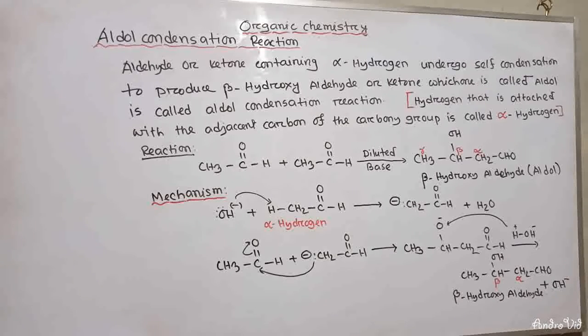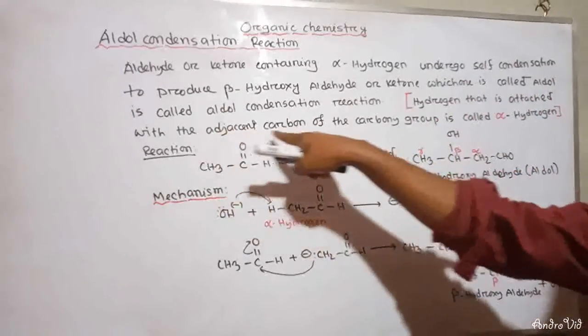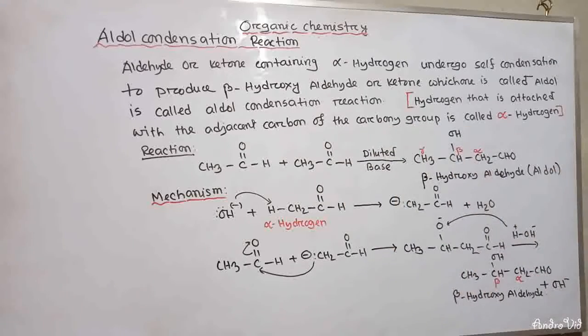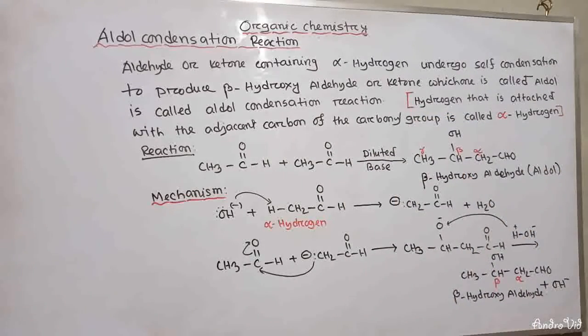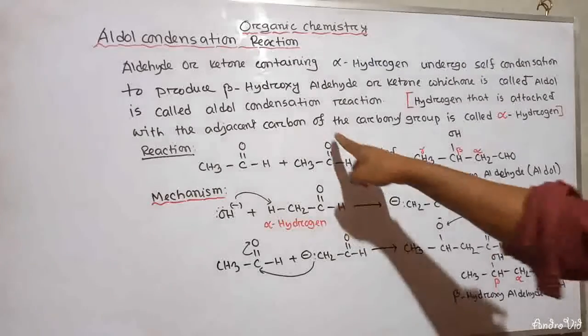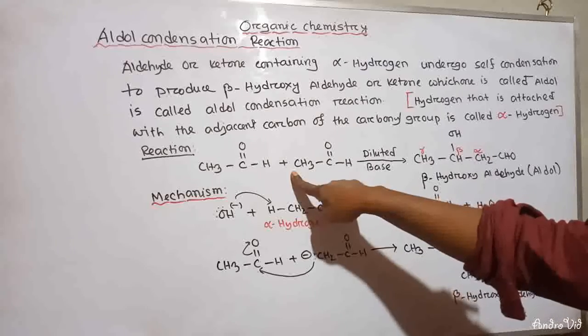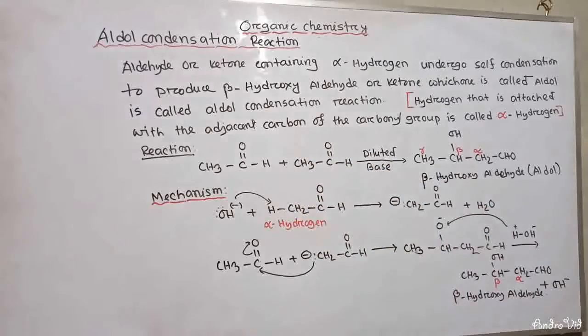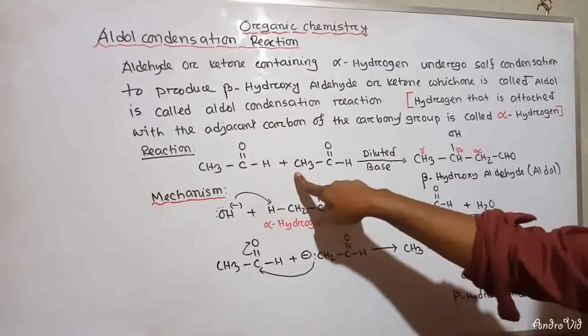Now the question is, what is alpha hydrogen? Alpha hydrogen is the hydrogen attached to the adjacent carbon of the carbonyl group. For example, this is the carbonyl group, and this is the carbon that is attached to the carbonyl group. This is basically the adjacent carbon, right?